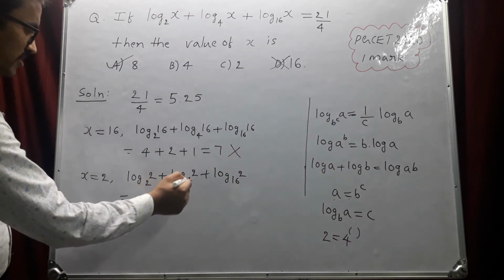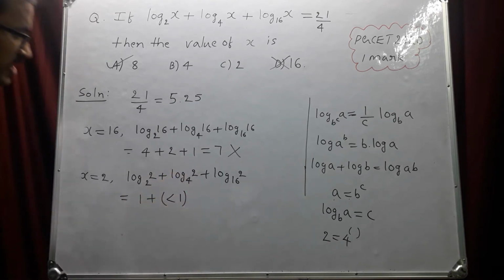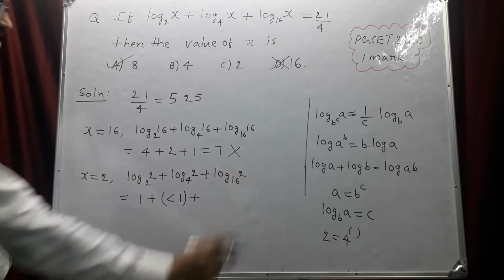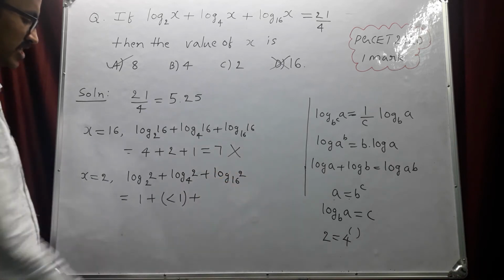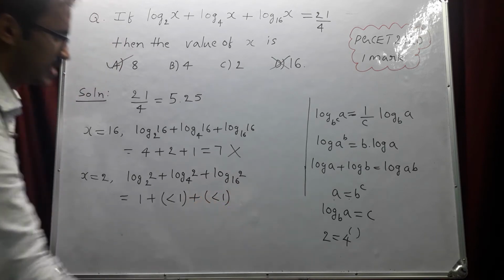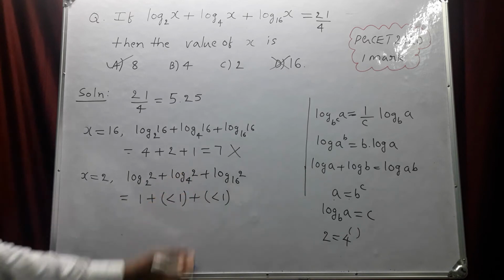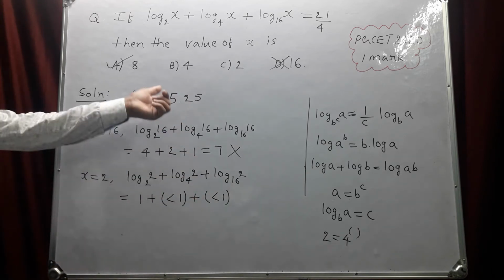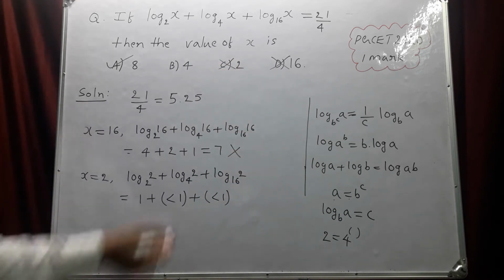Similarly, 2 is 16 power something, and since 2 is less than 16, this value is also less than 1. So 1 plus 2 quantities which are less than 1, we will not get a sum around 5. So we can eliminate this option also.